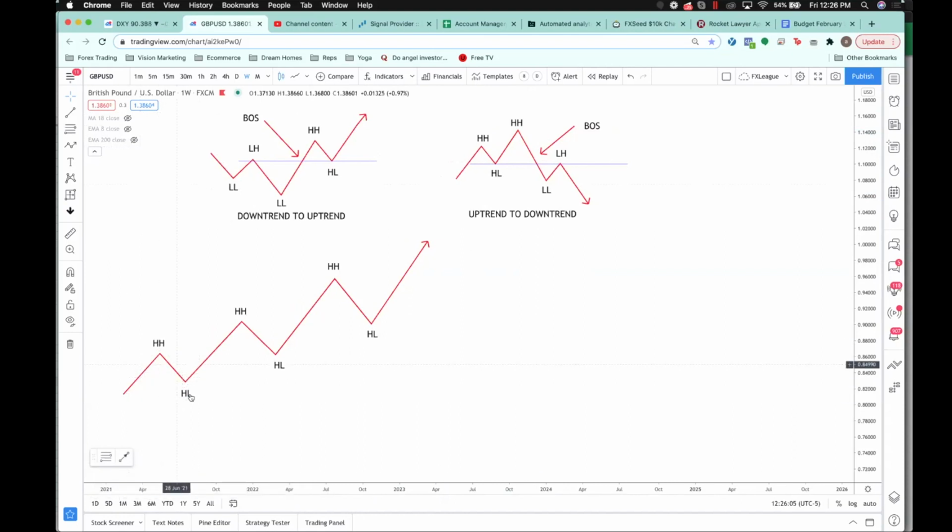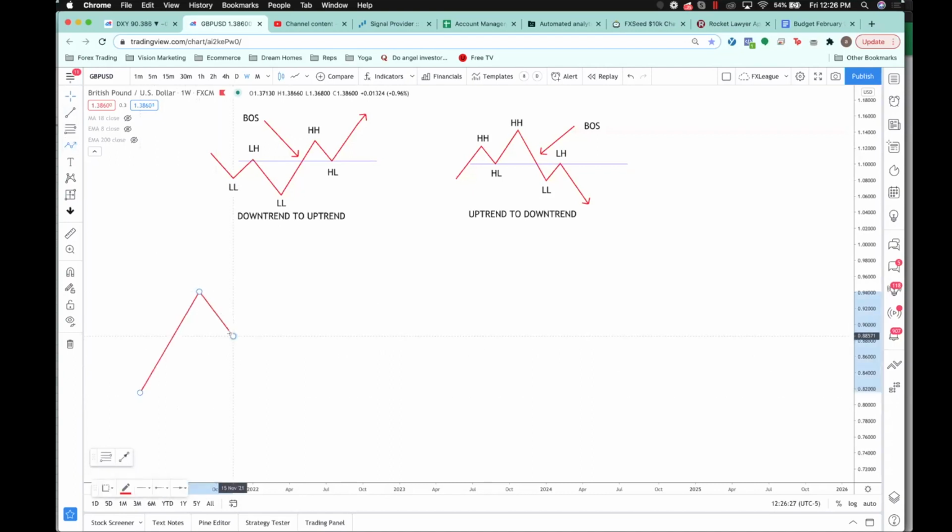So say we're in an uptrend, we're trending higher, making higher highs, higher lows. How do we denote what a higher low is? So I'm going to take this all off right here. And what we do is we use our fibs. We actually use our fibs to go over what market structure is. So say we came up and made this high right here.